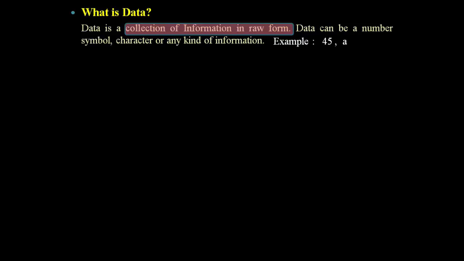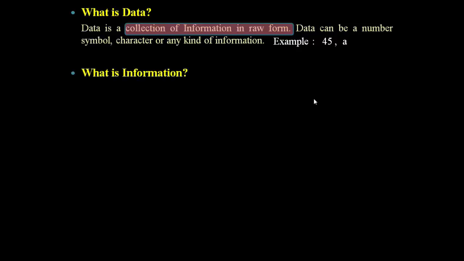For example, 45 is a number, small a is a character, but 45 is in raw form because we can't say anything about it, as it is a simple number. This 45 can be rupees, it can be dollars, it can be the number of pages of a book. So this can be anything, right? So this is in raw form, so it is simply known as data.